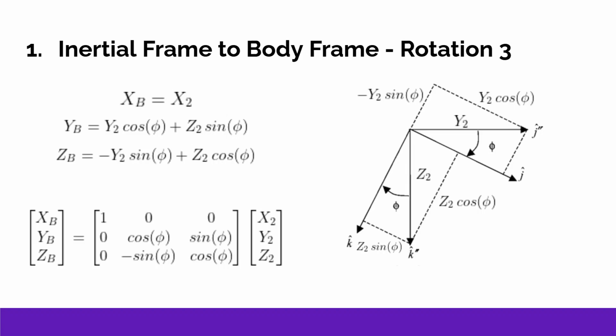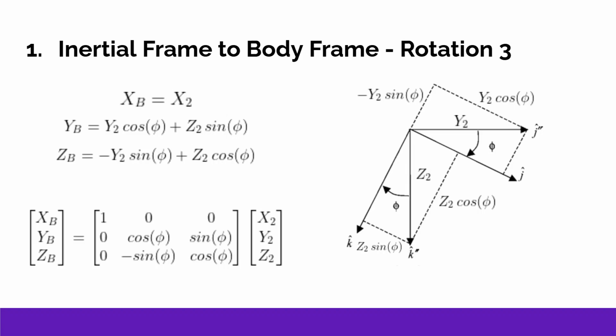The projection of z2 onto k is going to be z2 cosine of phi, and because the direction of the projection is here again in the same direction as positive k, it is going to be a positive contribution. Now finally, the projection of y2 onto k is going to be y2 sine of phi, and because the direction of the projection is opposite to positive k, it is going to be a negative contribution.